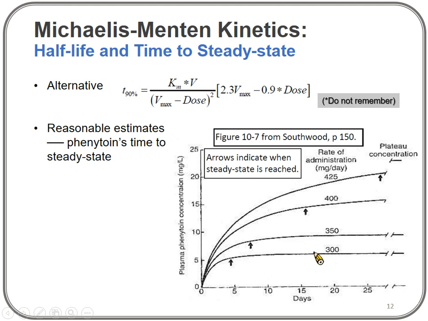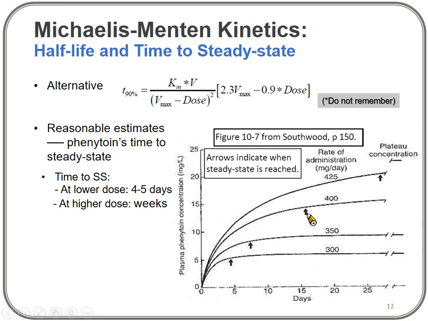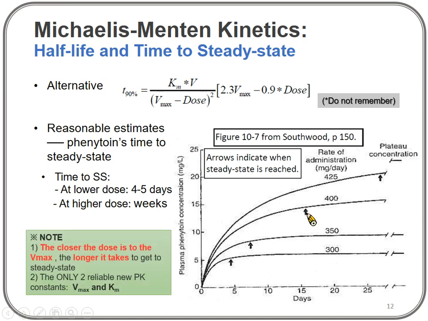But when the daily dose of phenytoin goes up, it takes longer and is slower for the concentrations to get to the plateau state. That means the time to steady state is longer when the daily dose is larger, if that makes sense to you. And sometimes it may take weeks at higher phenytoin doses to reach steady state, so we need to be really cautious.